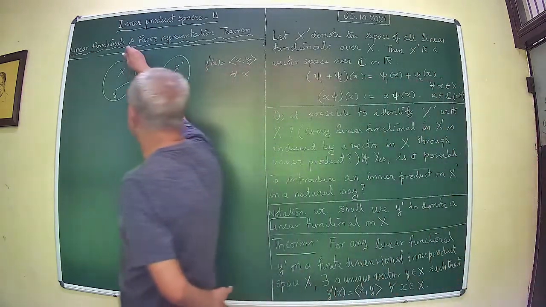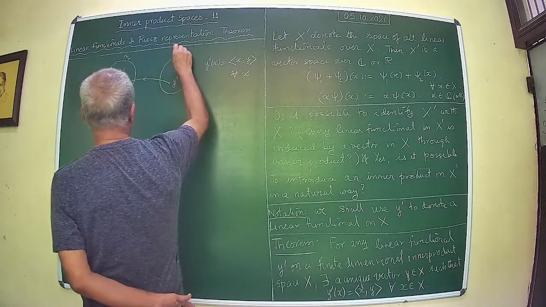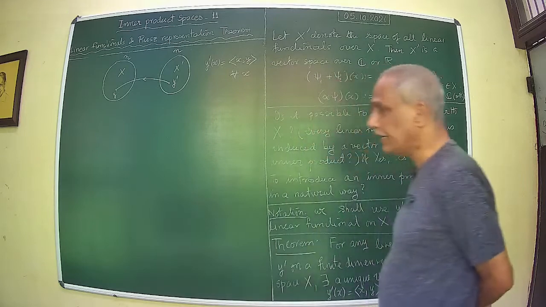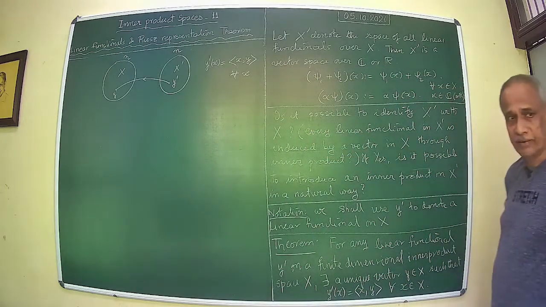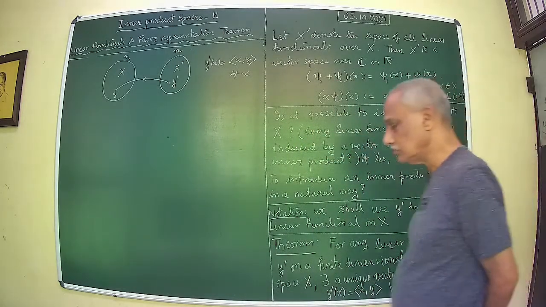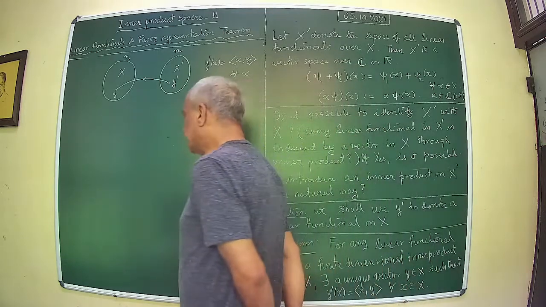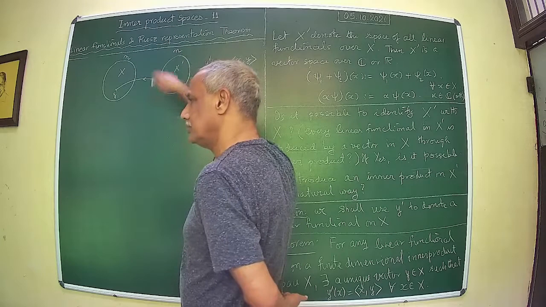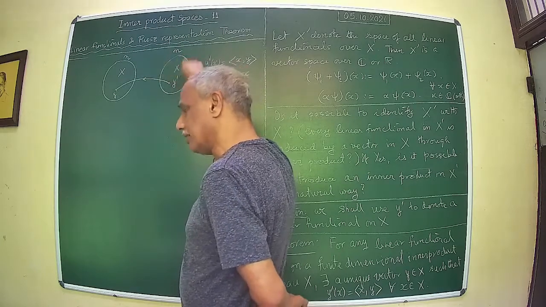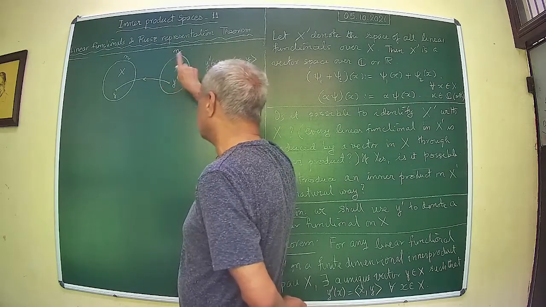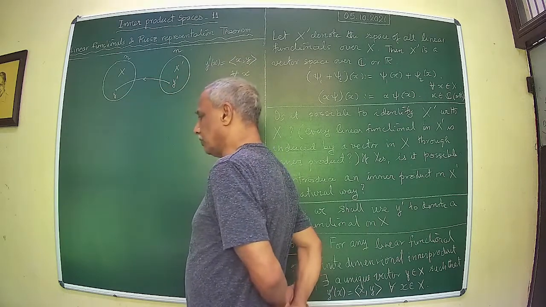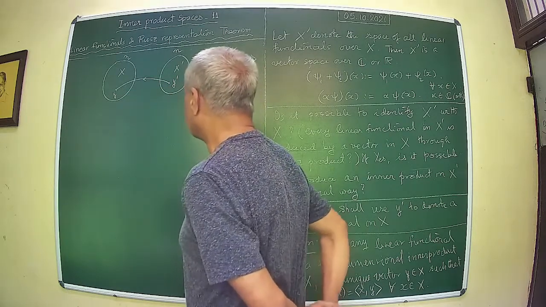So the dimension of X is n, so also the dimension of X prime. Then you can introduce a suitable norm here or even an inner product.